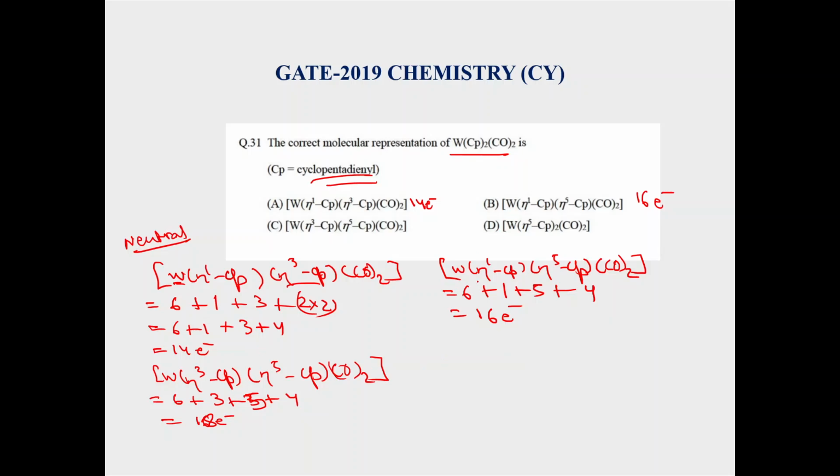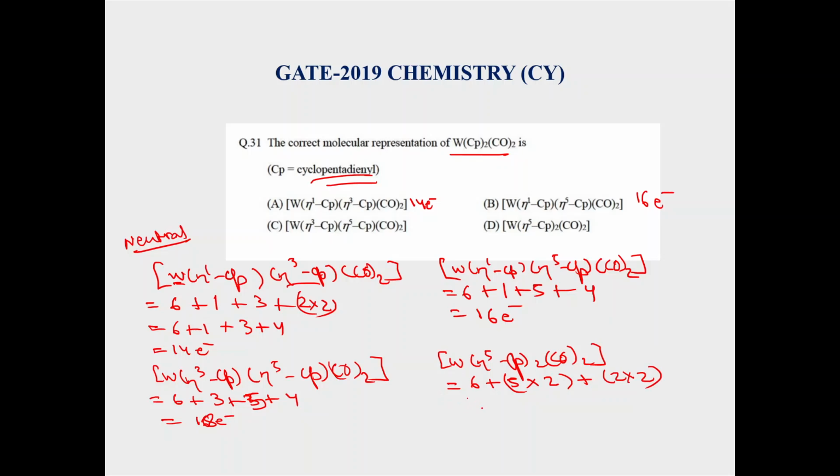And then option D, that is tungsten, 2 eta 5 Cp, and 2 CO. Here 6 electrons from tungsten, 5 from Cp. There are 2 eta 5 cyclopentadienyl ligands, right? So 5 into 2 plus 2 into 2.